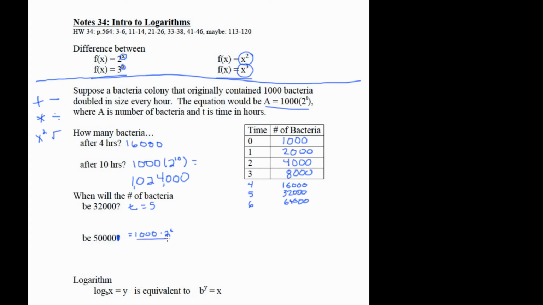So first we can divide both sides by 1,000. So we get 50 equals 2 to the t. We need a way to get that t out of the exponent, to solve for that t. There's nothing right now that undoes an exponential function, and that's what logs do. This is the need for logarithms right here, to answer questions like this in a word problem.